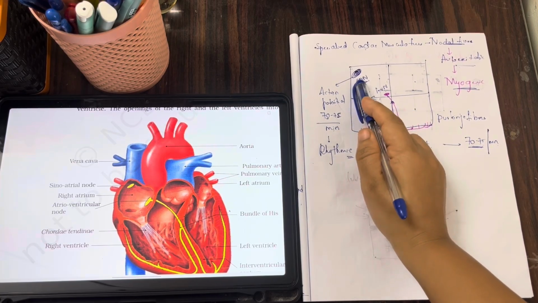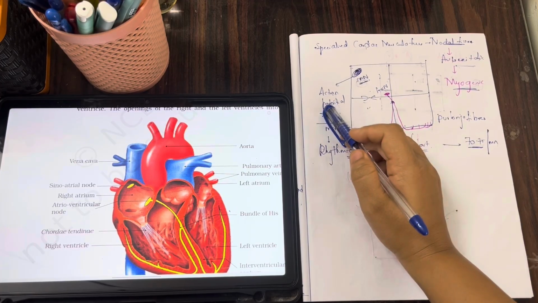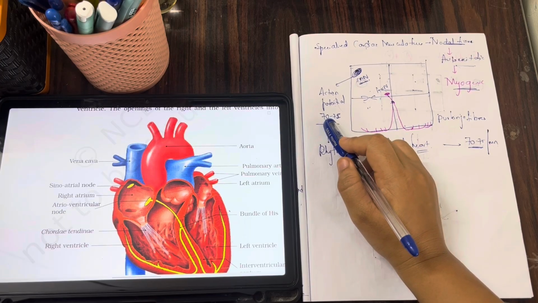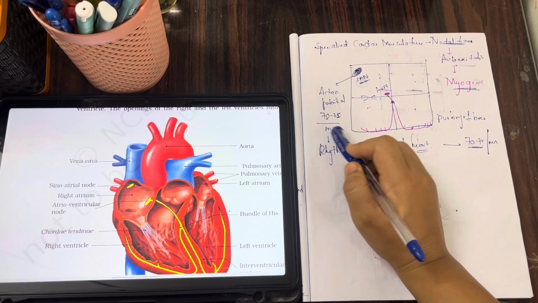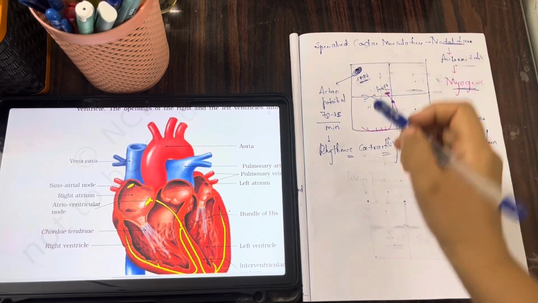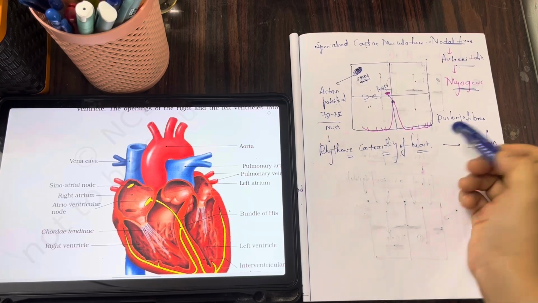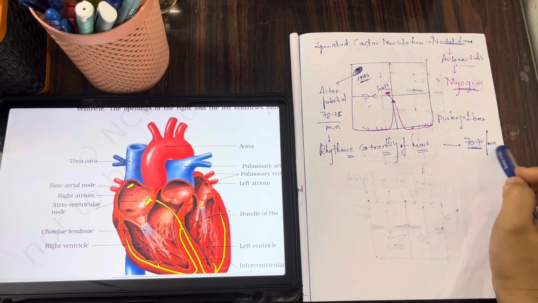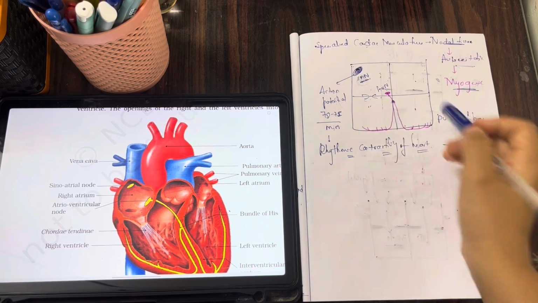SAN has the maximum capacity to generate the action potential, and it is equivalent to 70 to 75 times per minute. That helps the rhythmic contractility of the heart. So normally the heartbeat is around 70 to 75 times per minute, equivalent to the action potential of SAN.